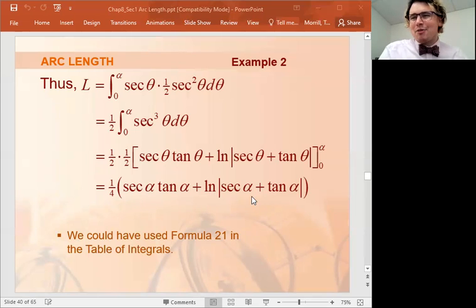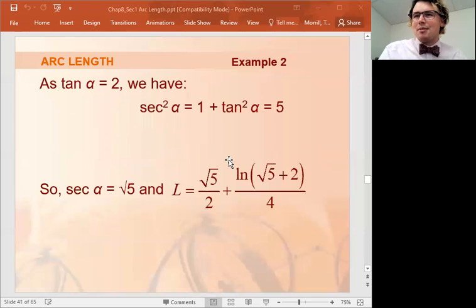And the natural log of the square root of 5 plus 2. Hey, nice, nice. I didn't actually need to find my angle measure. I just had to do a little bit of thinking. So for this problem, the arc length has an exact formula of square root of 5 on 2 plus the natural log of quantity square root of 5 plus 2, all divided by 4.